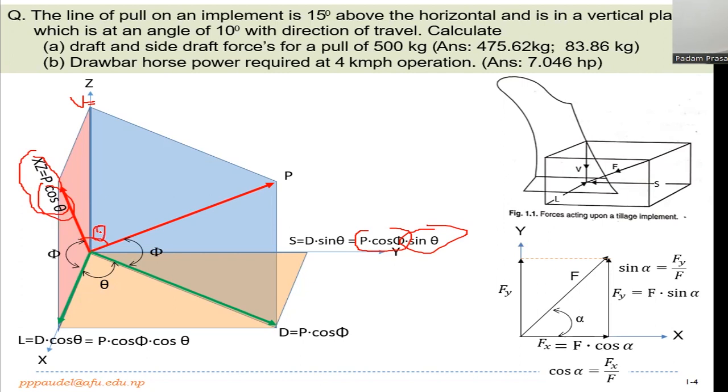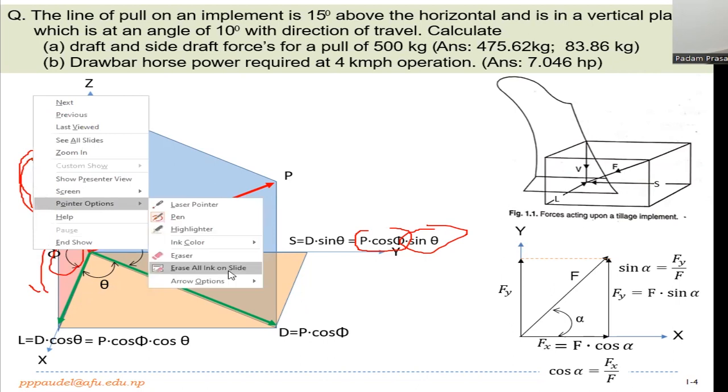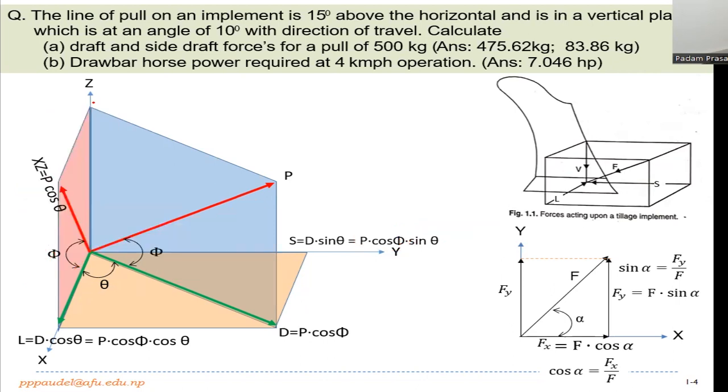In that condition, you can resolve that P cos theta to the z-axis and x-axis. It makes an angle of phi with the x-axis. Along the z-axis, it will be P cos theta multiplied with sine phi.